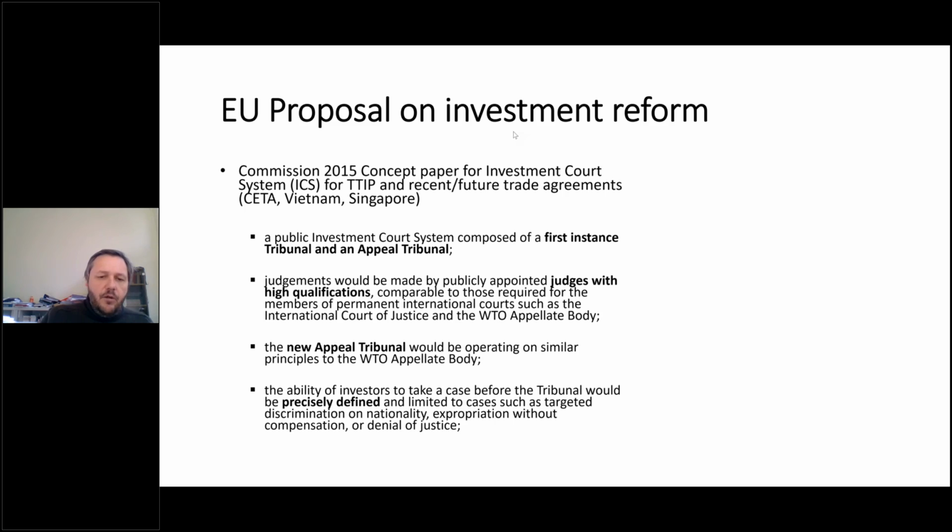It can be on expropriation, it can be on discrimination, that foreign investors are treated differently than domestic investors, or that when they use the domestic courts, they have a denial of justice or problems with access to justice, so that all these elements are far more precisely defined at the outset rather than through the process of adjudicating these types of things.